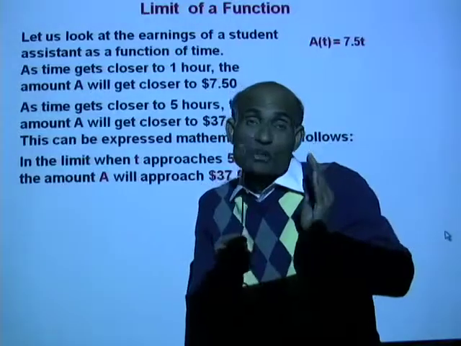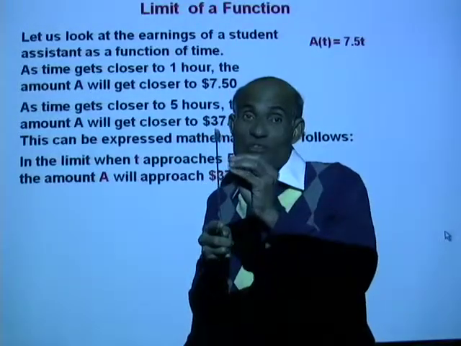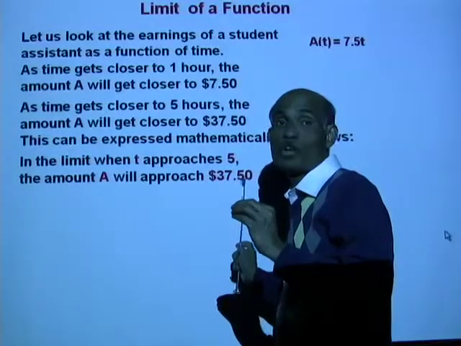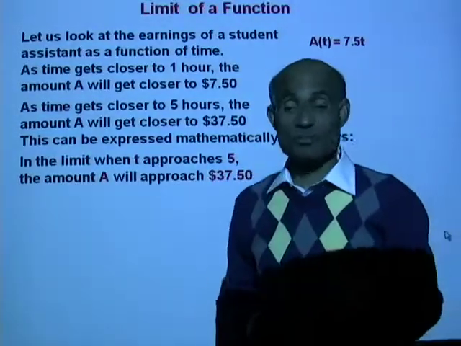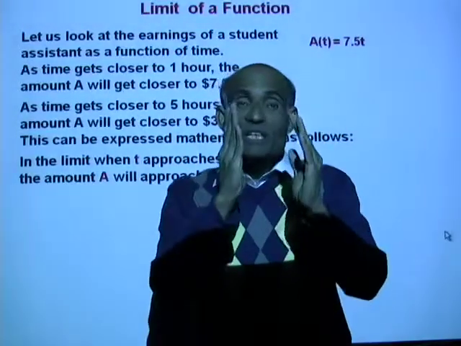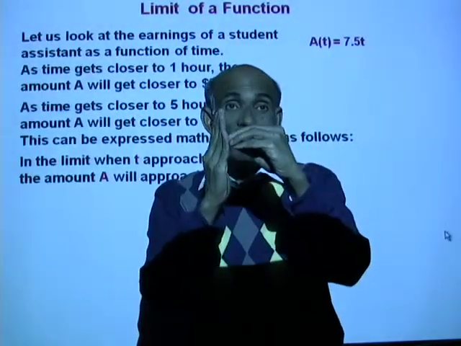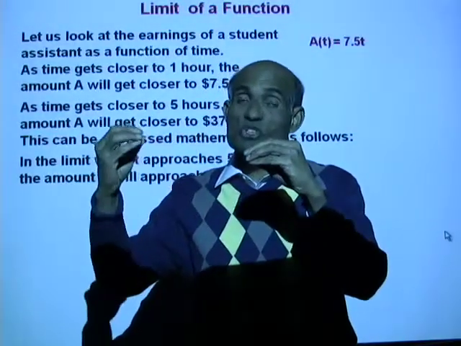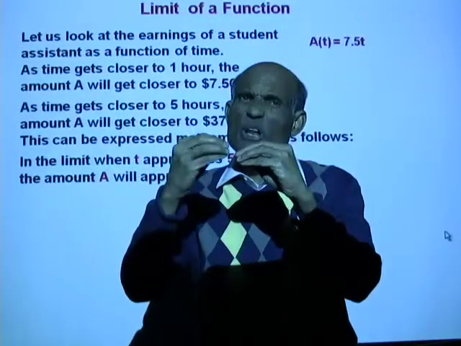As t gets closer and closer to 5 hours, the amount of dollars gets closer and closer to 37.5. Now here, t can approach 5 either from the left or from the right. Well, I know approaching t from the right has no physical meaning here.